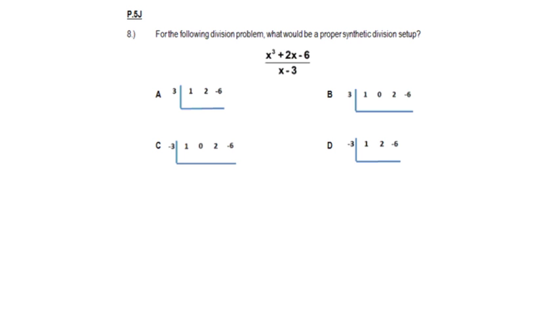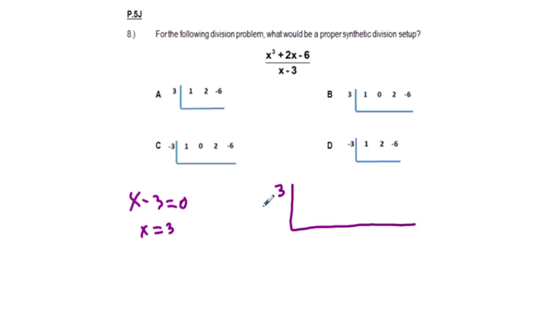8. For the following division problem, what would be the proper synthetic division setup? Well, again, we have our 0 as 3. We say x minus 3 is equal to 0. We're going to have x equals 3.